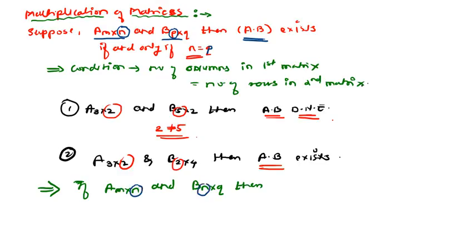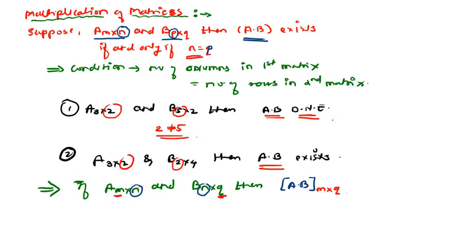So A into B exists, and the order of the matrix A into B will be m cross q. This is m and this is q.